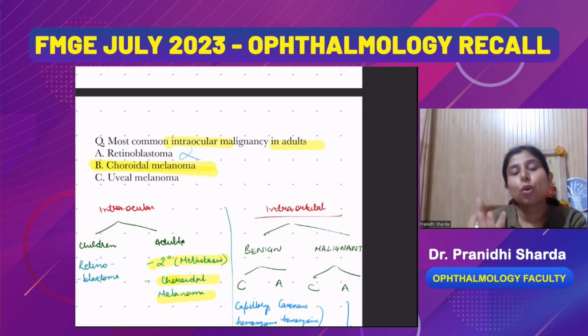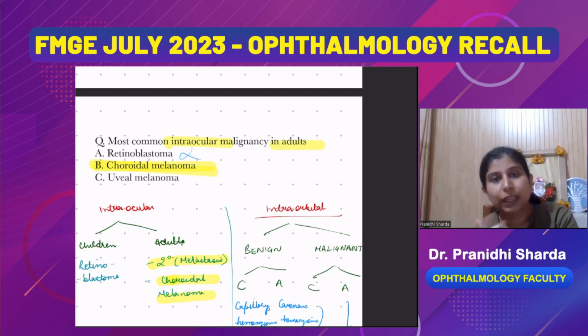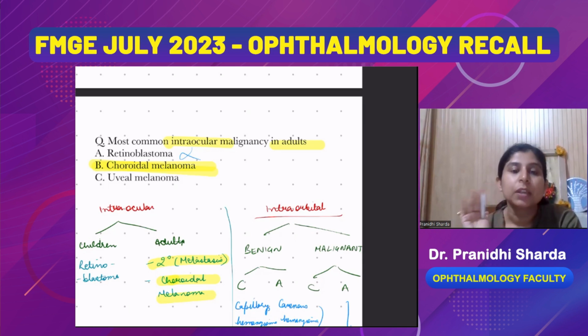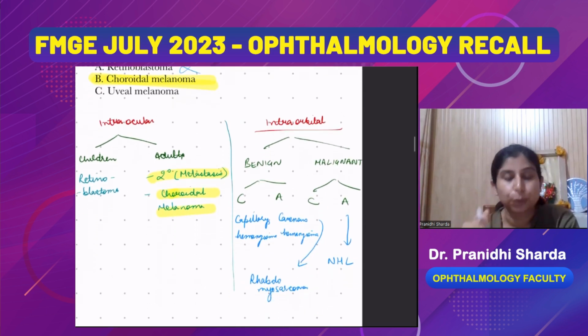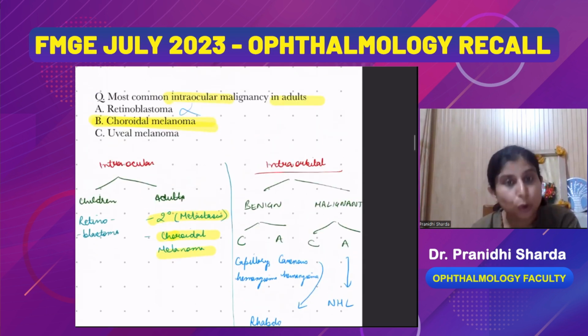If there is no option of choroidal, then we can mark it uveal melanoma, because choroid is part of uvea. But if the option is given as choroidal melanoma, you have to tick mark that only, because uvea is a generalized term. It has 3 parts. So we have to narrow it down to the main organ which is involved in adults as the primary tumor. So the answer to this question will become choroidal melanoma.